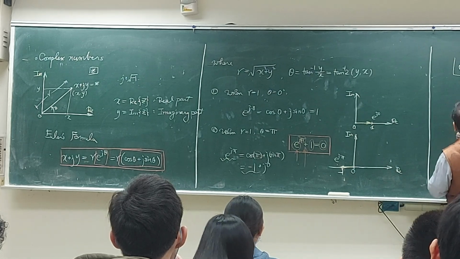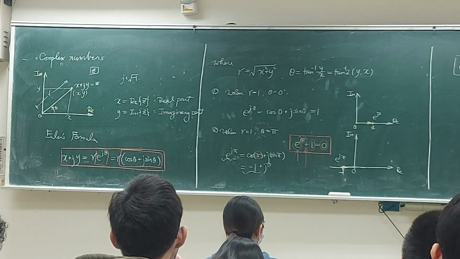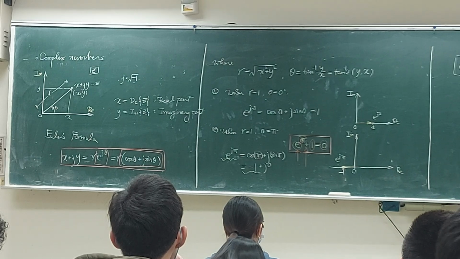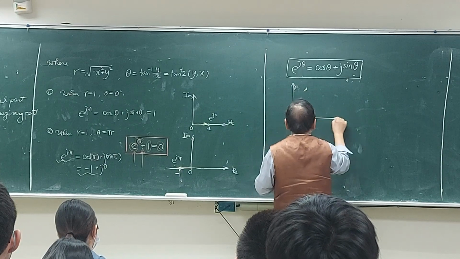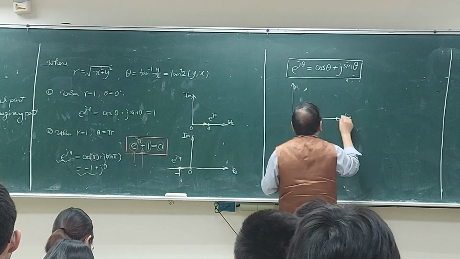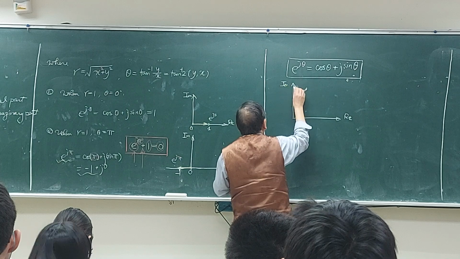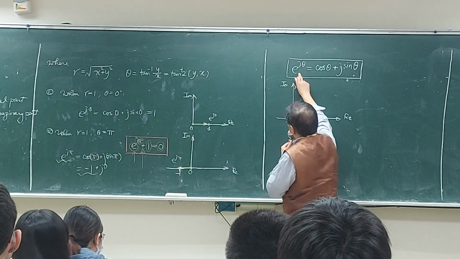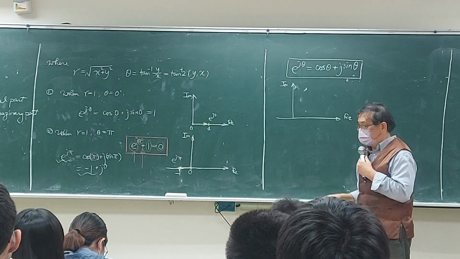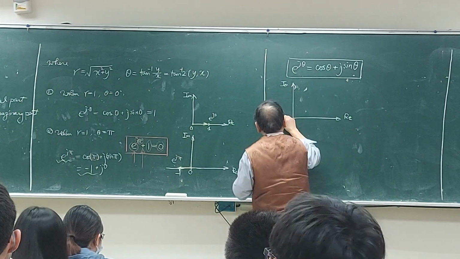I just show you directly. It can be proved mathematically or geometrically. You say that the magnitude of this guy, e to the j theta, is 1. So it has unity there.